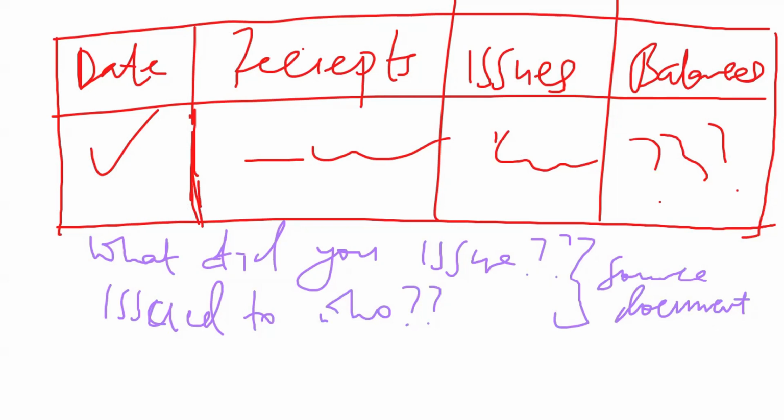I got a requisition from the production manager. So you will see that these documents are going to work as your proof when you're keeping whatever you keep in your warehouse.